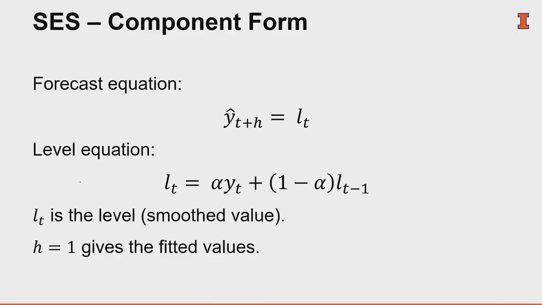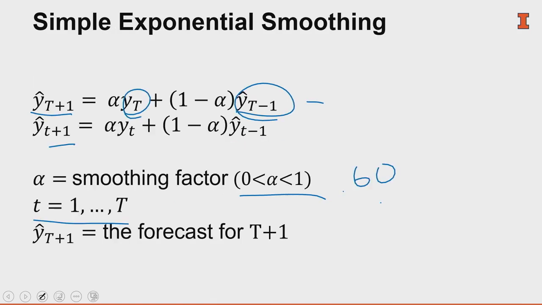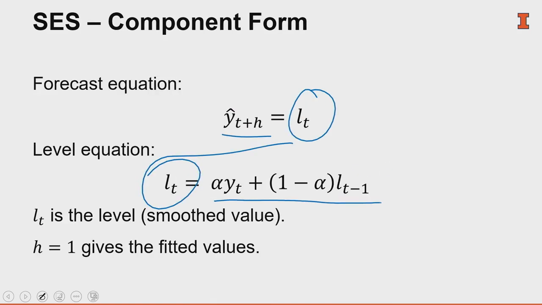Basically, here's your y at t plus h, and I'm just going to call it L sub t, and L sub t is the level equation, and that's the equation we saw before, right? So if you compare to the last slide, you see the same alpha yt plus 1 minus alpha form, and in this case we're just breaking it up into two pieces.